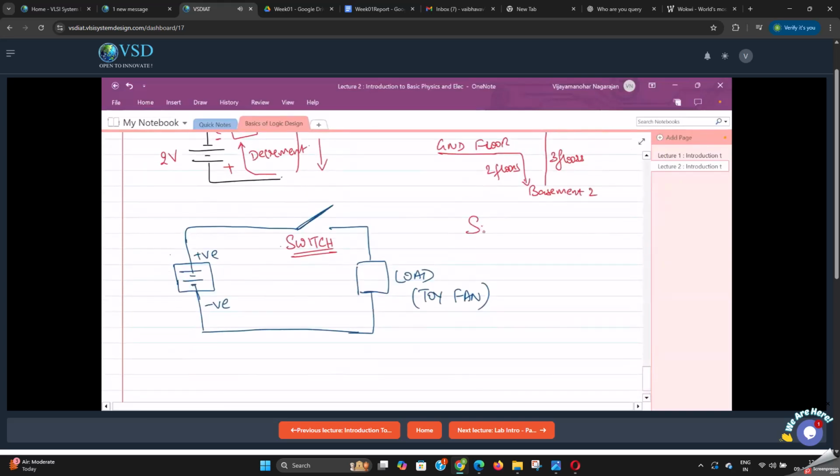When switch is off, or I will say open. Open means what? It is like this. Correct? I will say there is no path for charges to flow.